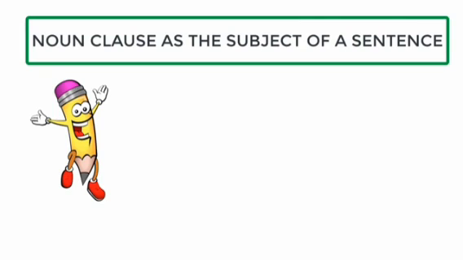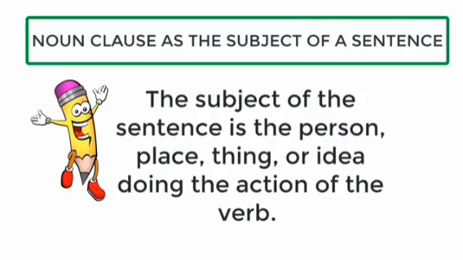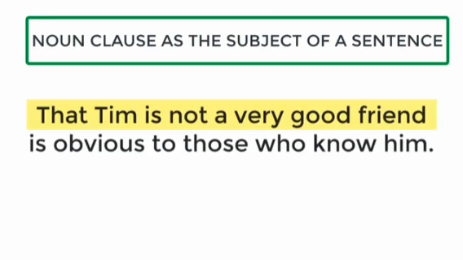Let's start with the noun clause as a subject in a sentence. The subject of the sentence is the person, place, thing, or idea doing the action of the verb. For example, that Tim is not a very good friend is obvious to those who know him.